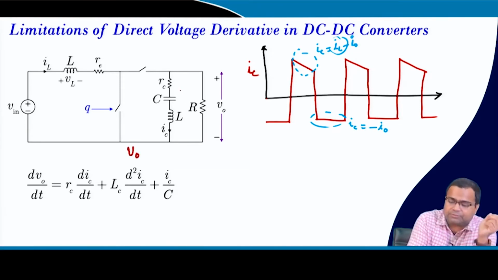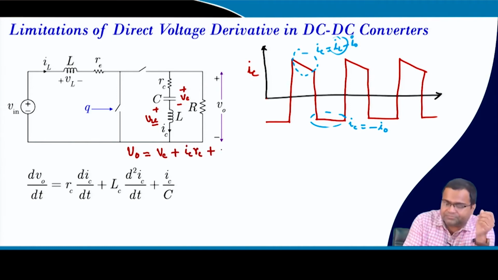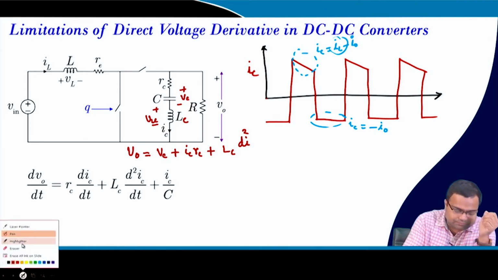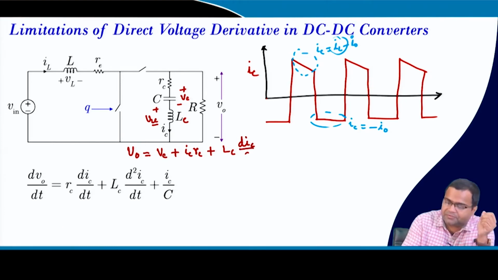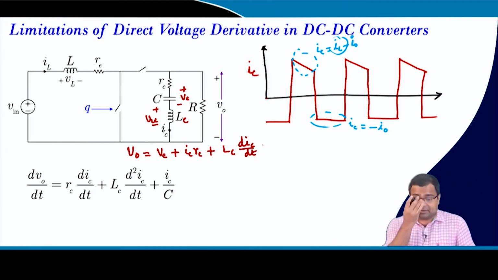If we take this to be Vc and this to be LC, then V0 is equal to Vc plus IC into RC plus LC into dIC/dt.